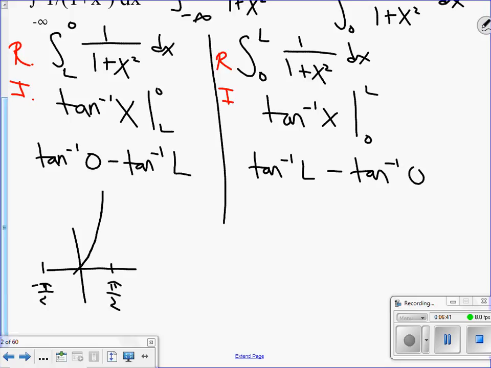Remember, tan looks like this. You have to think about what is the angle between negative pi over 2 and positive pi over 2 whose tangent is 0. It's 0. It's a function. There's only one answer. That's why you can't look everywhere on the number line. You're restricted. And then that would be the same over there.